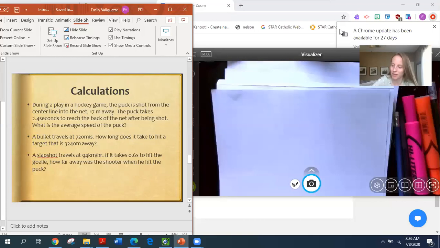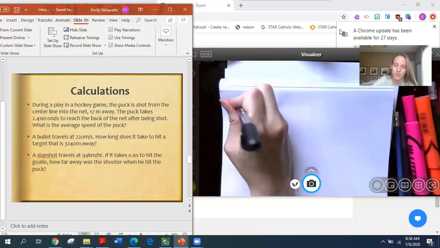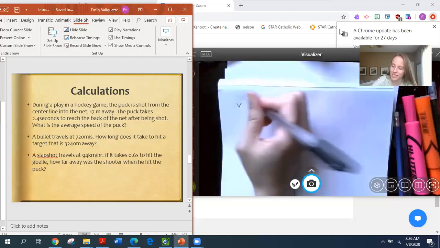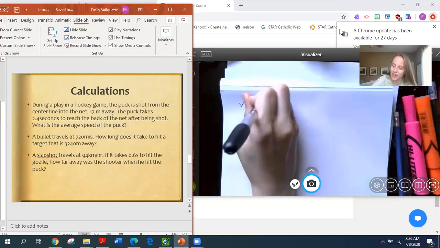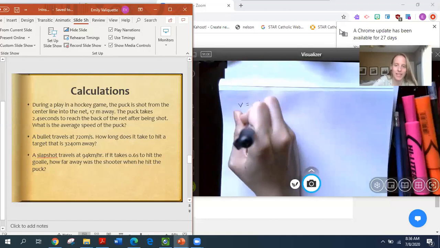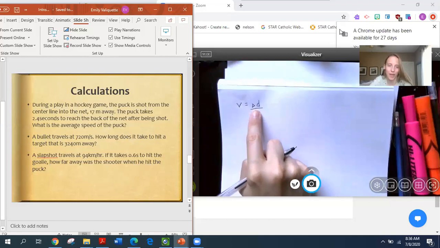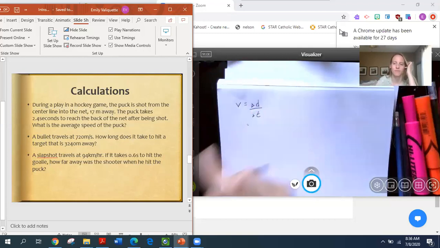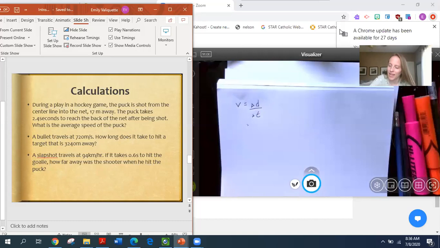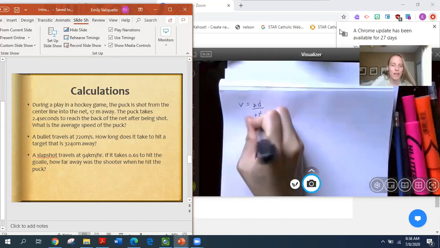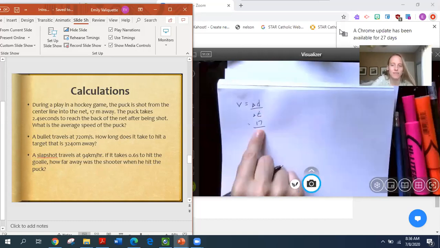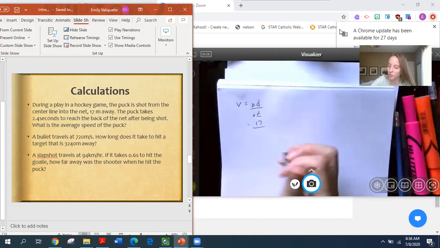So because it's asking about speed, we will do speed, which is v, is equal to our change in distance over our change in time. Now the change in distance is that it started 17 meters away and ended up in the net. So it has moved 17 meters. And then the time that has passed is the 2.4 seconds.